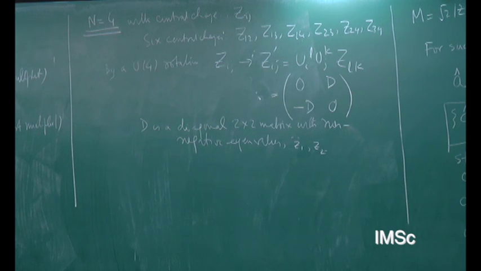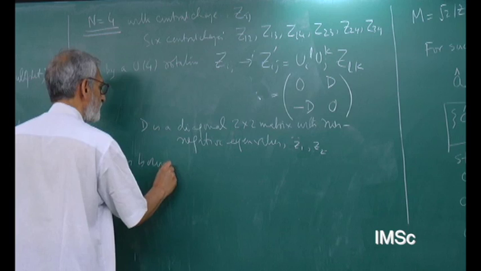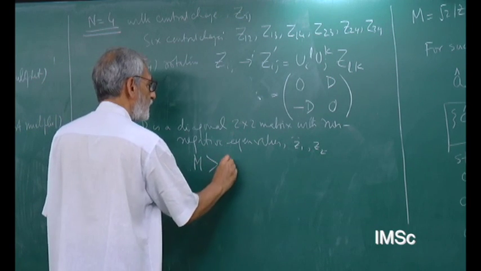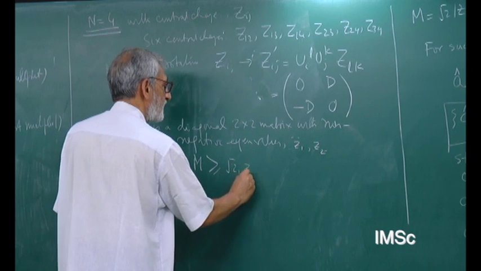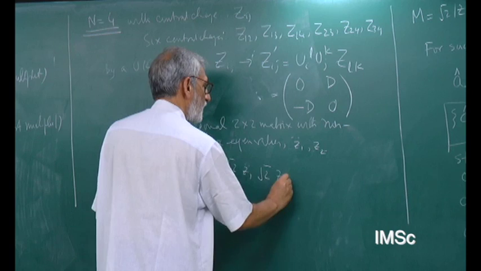Now each carries an index alpha. If you look at their algebra and work it out the way we did, there is a mass bound for N equal to 2, and there is a mass bound also here: mass is always greater than or equal to root 2 times small z1 or small z2.